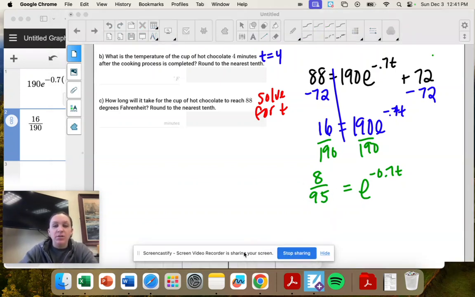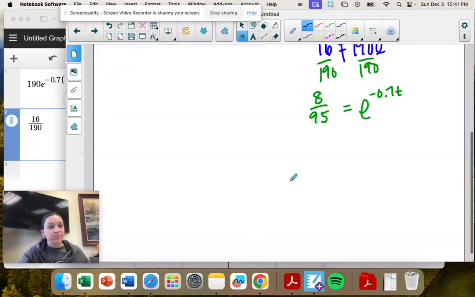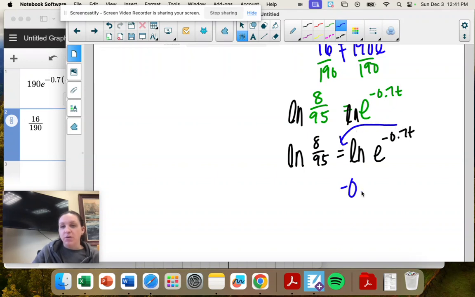Okay, what do we do to get rid of an e and solve for a variable? We use a logarithm, but we use the natural log. So I have ln of 8/95 equals ln of e to the negative 0.7 t. And that helps us bring down the exponent. That's the whole reason we have logarithms. So natural log of e is 1. I'm not going to rewrite it.